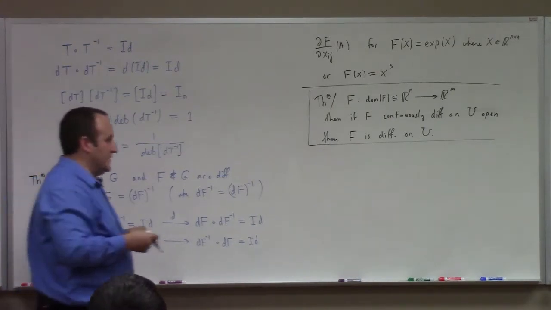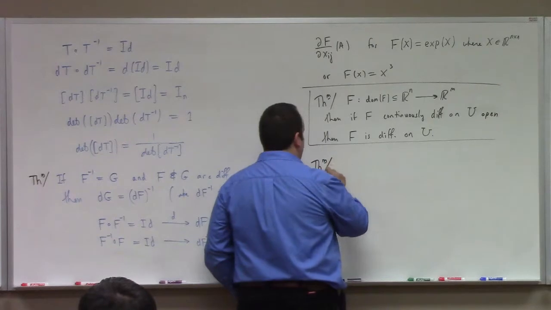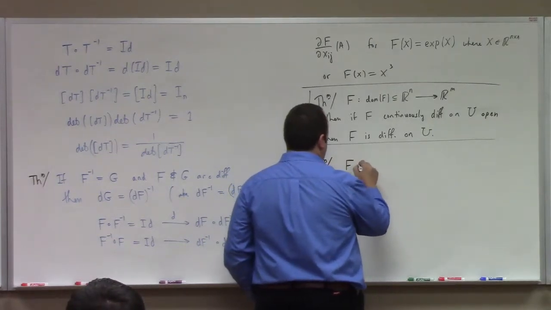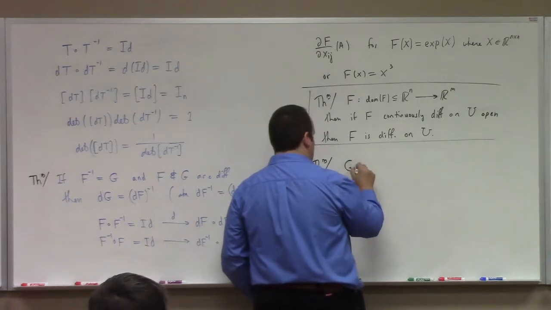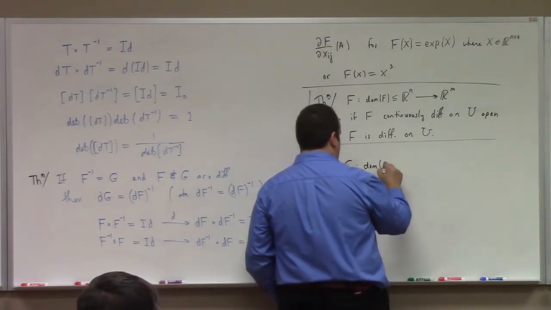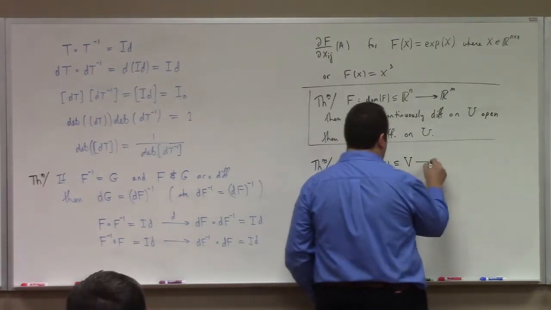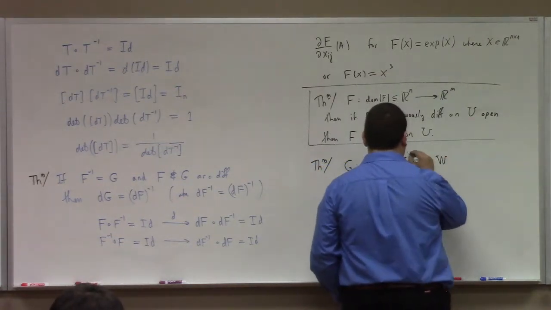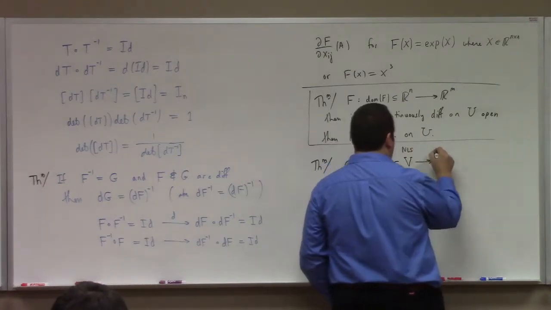So the theorem we'd like to have, and this is a true theorem, is: let G, domain of G a subset of V, a normed linear space, to W, another normed linear space, from one NLS to another.